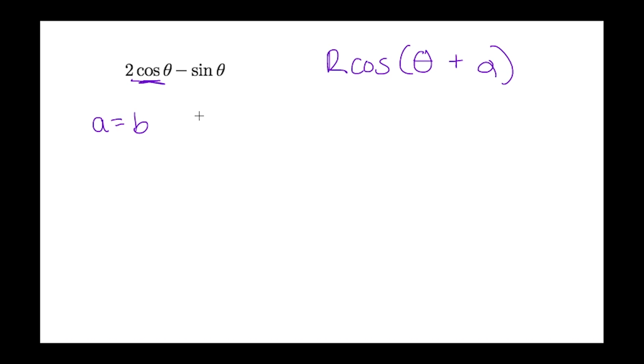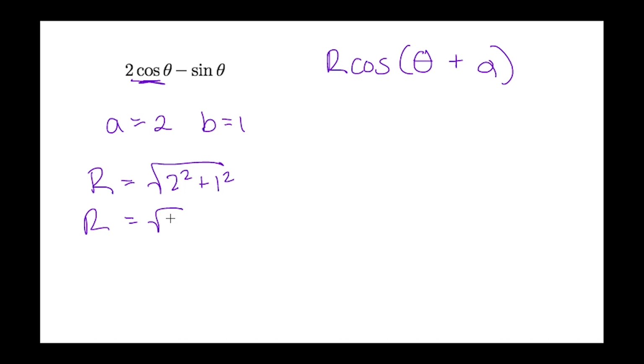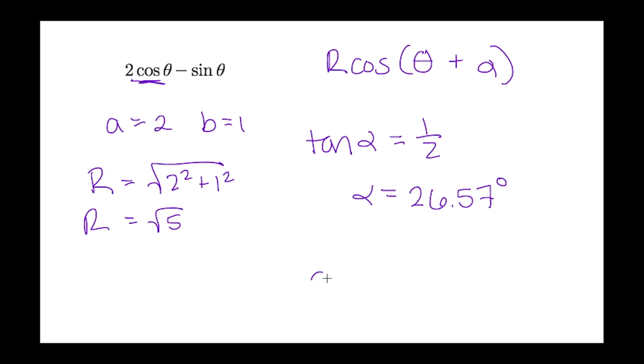A equals 2 and B equals 1. So R is the square root of 2 squared plus 1 squared, or radical 5. The tangent of alpha is 1/2. So take the inverse tangent of 1/2, and alpha is 26.57 degrees.